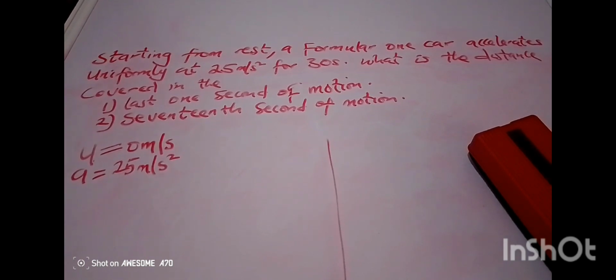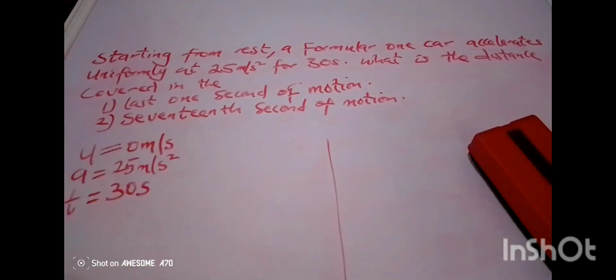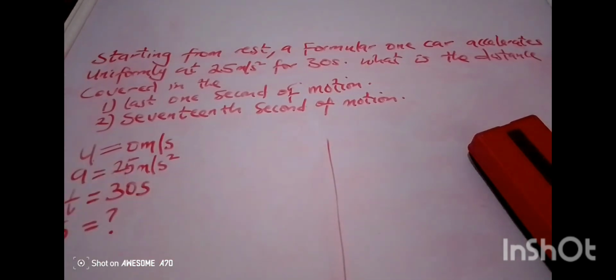We are given time, so T is 30 seconds. Can you see the way I'm picking parameters? It's very important. Now, what is the distance covered? We are looking for S. Now, what is the distance covered in the last 1 second?